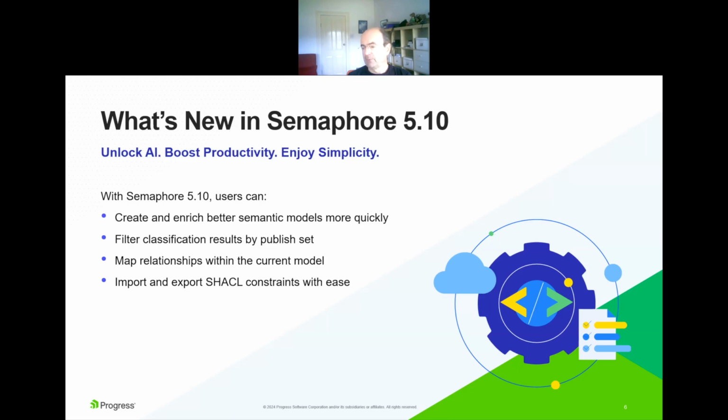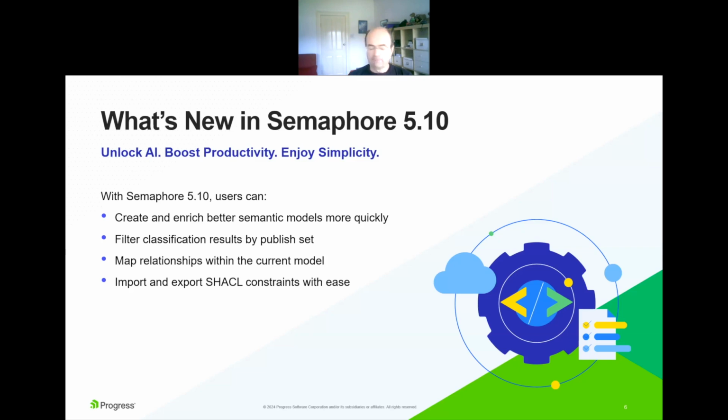To let people across the enterprise get classification results on their own models and own data, you'll now be able to filter classification results by publish set. Effectively that means you'll be able to say, please give me the classification results from these models. This means you'll be able to share your classification server instance with other project teams and be able to filter out each other's results.